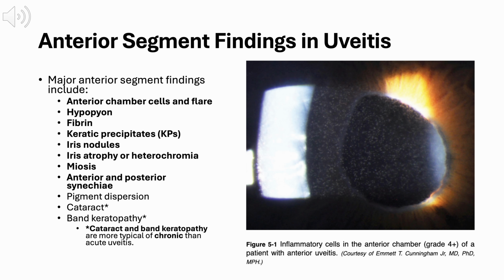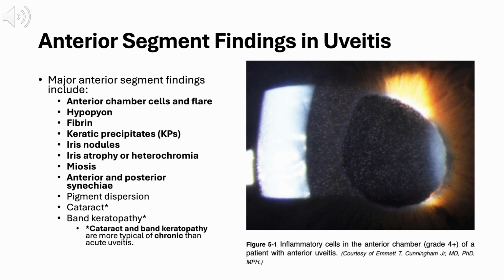Let's inventory the anterior segment findings, because this is where much of the exam action is. The major ones are anterior chamber cells and flare, hypopyon, fibrin, keratic precipitates, iris nodules, iris atrophy or heterochromia, miosis, anterior and posterior synechiae, and pigment dispersion.